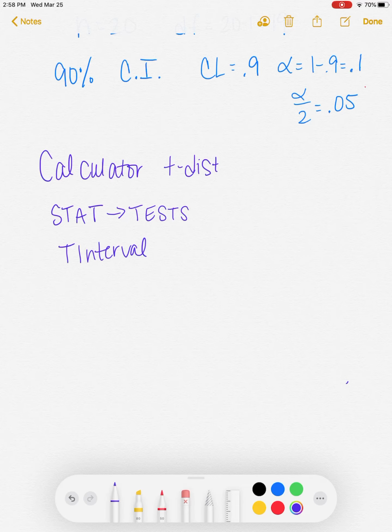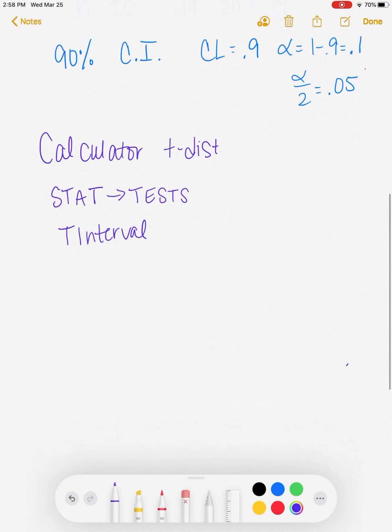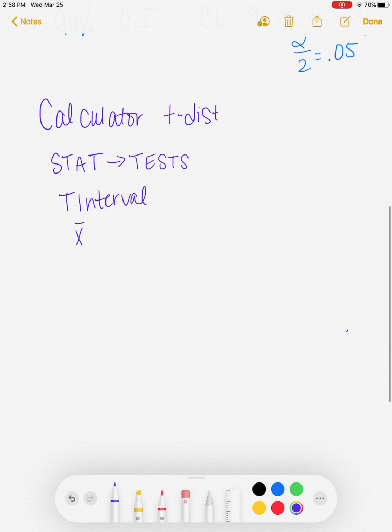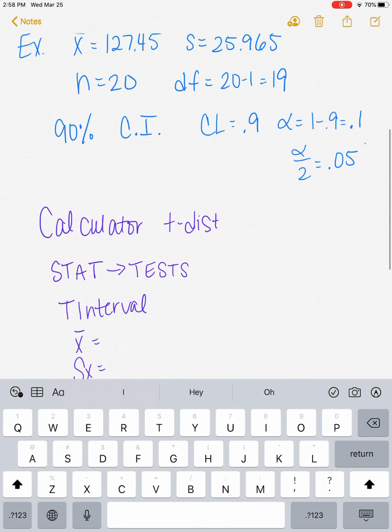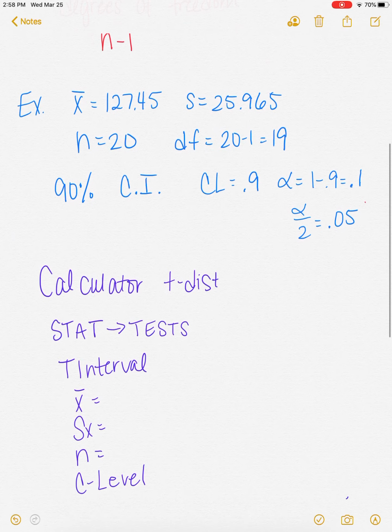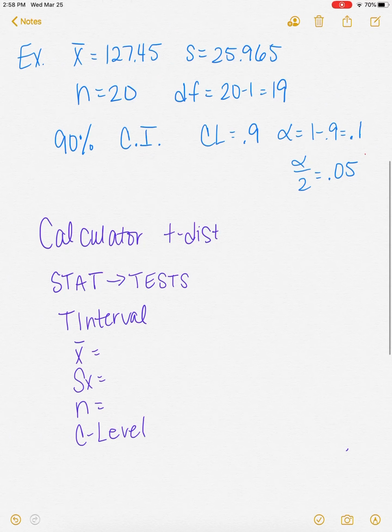Press enter. Then you're going to see an option to fill in your mean, that standard deviation, it says S of X, your N, and the C level, that's your confidence level, and then you're going to hit calculate. In this example, our X bar is 127.45.